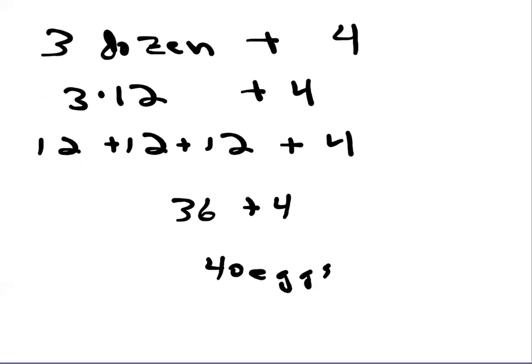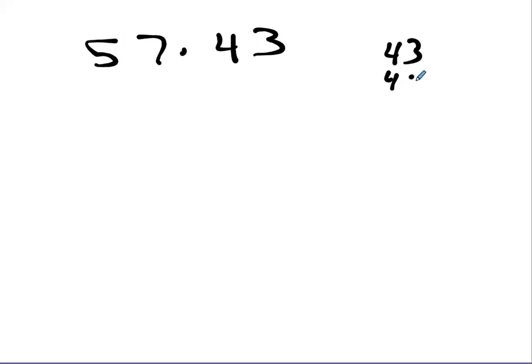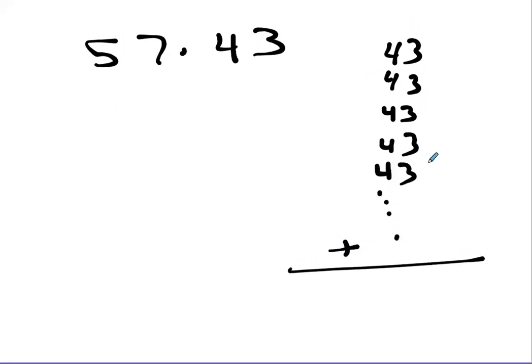So that's even more true when we get to bigger numbers. If I have 57 times 43, it's really annoying to have to do 43 plus 43 plus 43 plus 43 plus 43. Lining up all of those 43s would take a really long time.